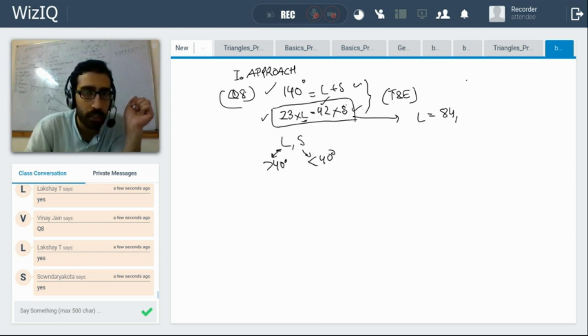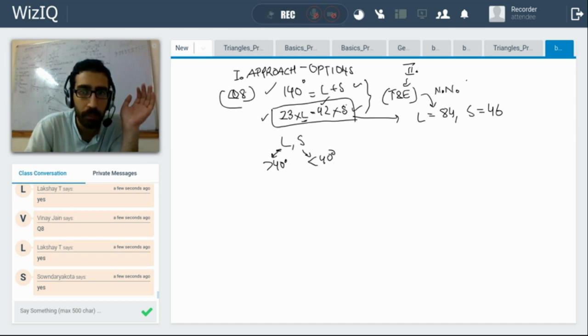I put that in this relation and get the smallest angle to be 46. That was approach 1, options. Now approach 2 is trial and error by assuming the largest angle to be a natural number, keeping it simple. Now if you have 84 and 46, just find out what the third angle is going to be.